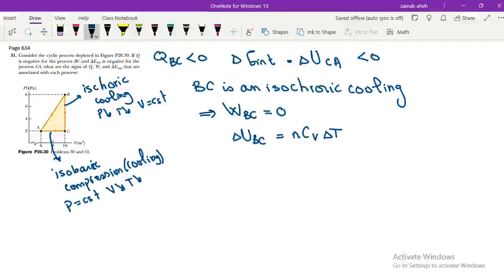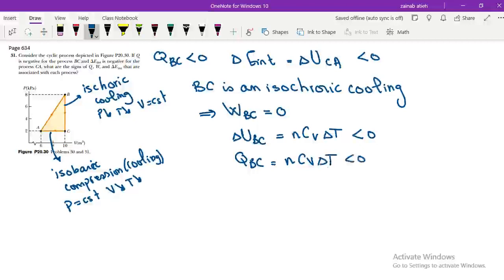In this case, we have cooling, a decrease in temperature. So delta T is negative, so we will get delta U negative. Now we can guess Q BC. It's similarly equal to nCV delta T, also negative because we are in the case of an isochoric cooling.